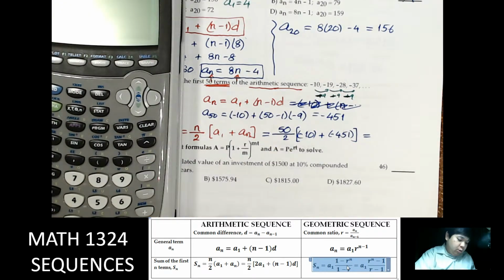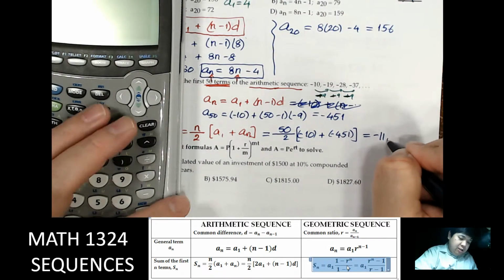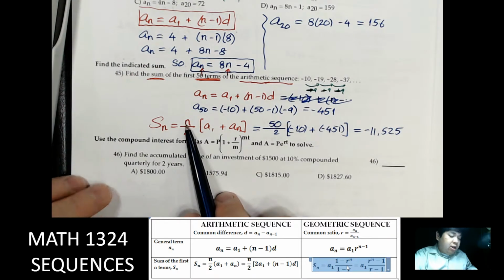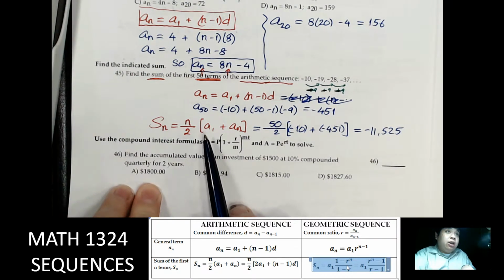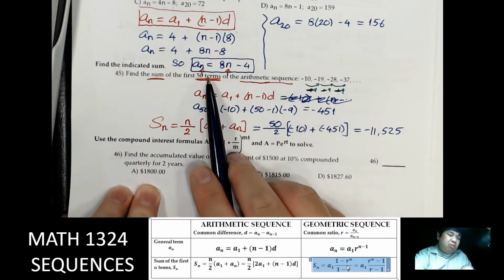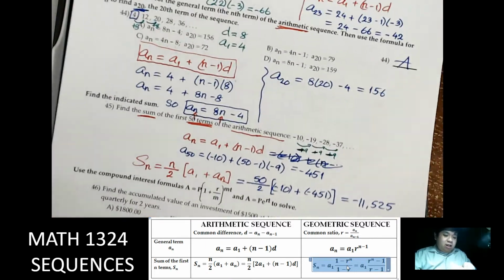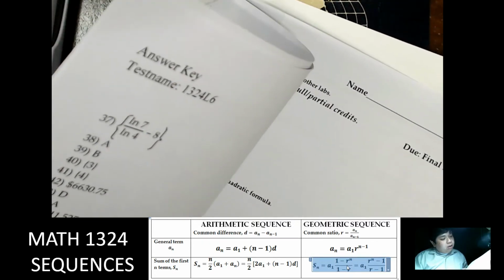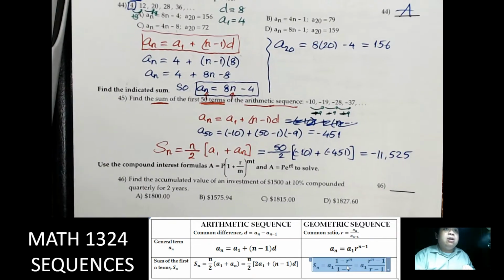So 50 over 2 is 25 times negative 461. We have that. So number of terms divided by 2, the first and the nth term, the last term in the required 50 terms. That is 45. Yeah, like that.